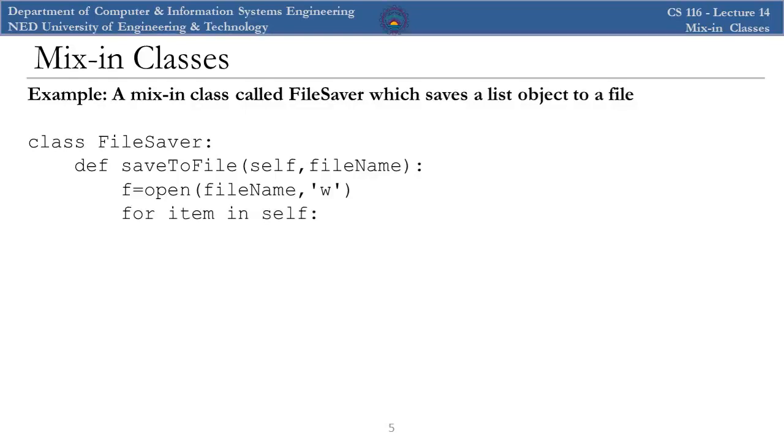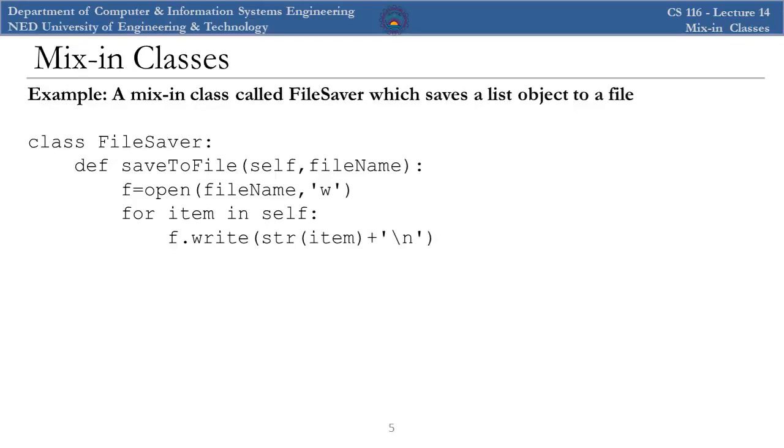Now here we are writing a list, so there could be multiple ways of writing this list. I'll just traverse this list item by item, and then I'll write each item in the file. So this for statement will traverse the list item by item, and this is the simple statement that I can use to write that item in the file which I have opened: f.write.